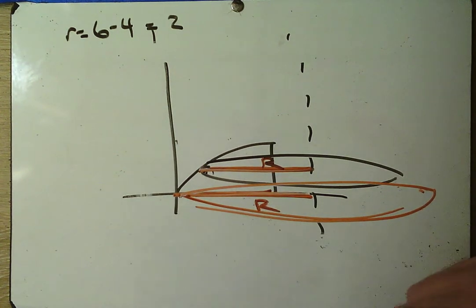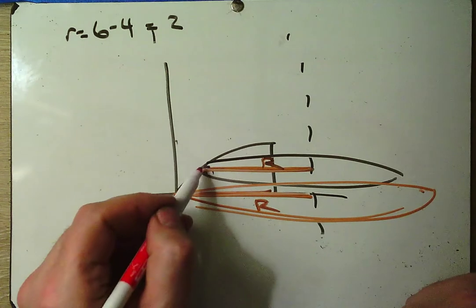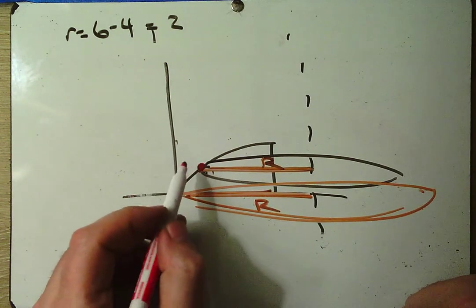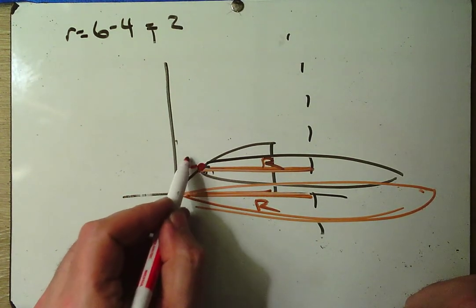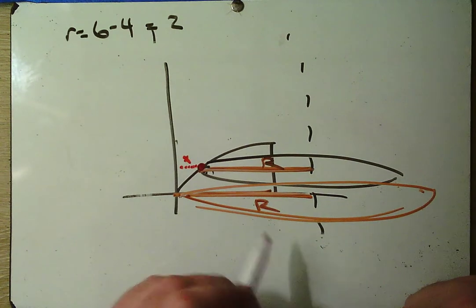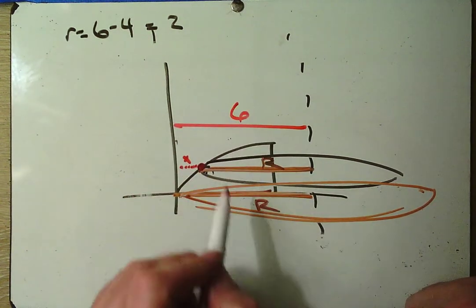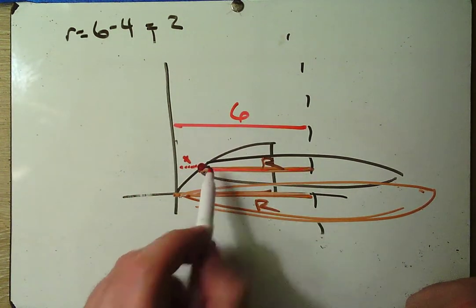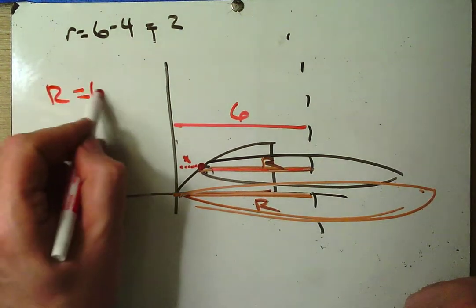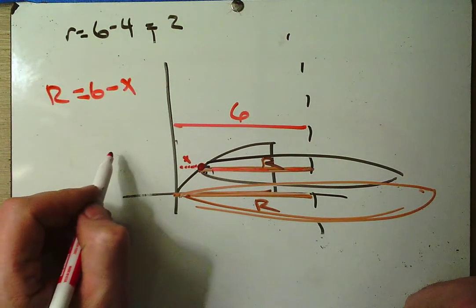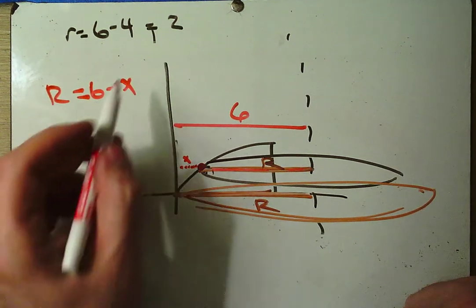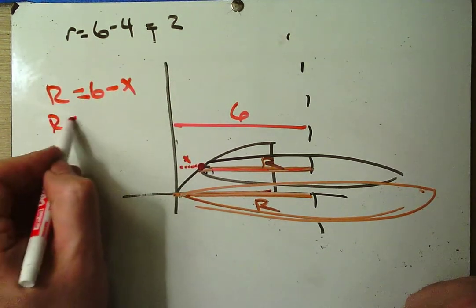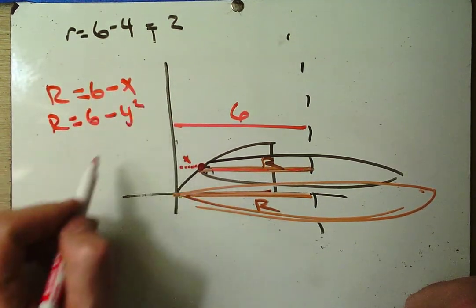So how can we figure out what big radius is? Well, remember, there's this value here called x and y. This distance is x. This distance is 6. So big radius must be 6 minus x. Or in our problem, since x equals y squared, big radius is 6 minus y squared.